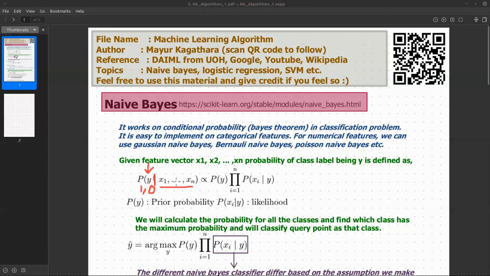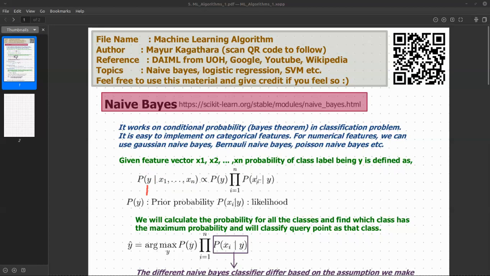So what is the likelihood saying? x1 can be a feature, and for all these features, see, this pi-looking symbol, this product, goes from 1 to n. So I will check x1 given y. So what is x1 given y? Let's say I am calculating for the case where they say yes for insurance, some new insurance.